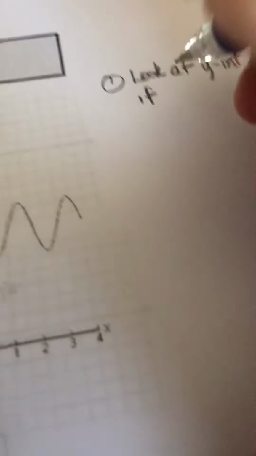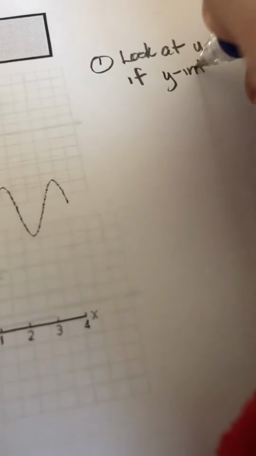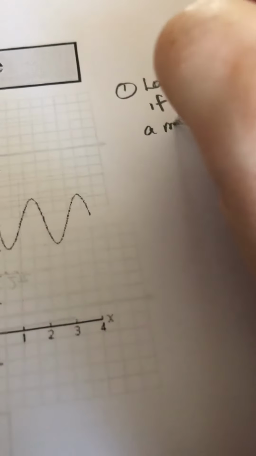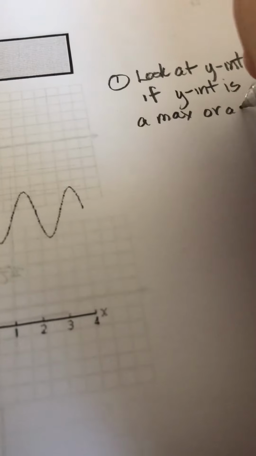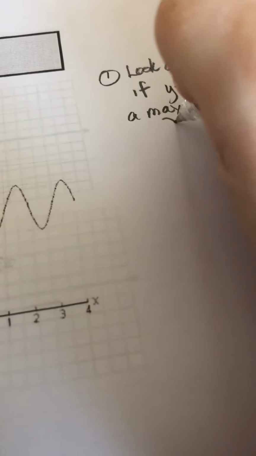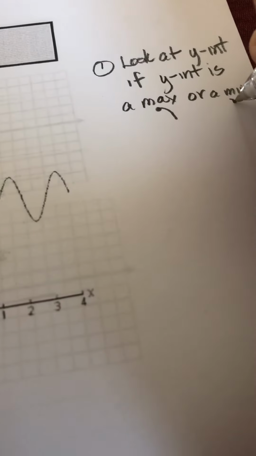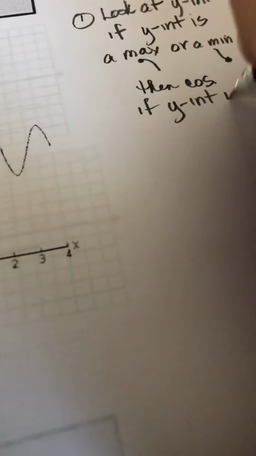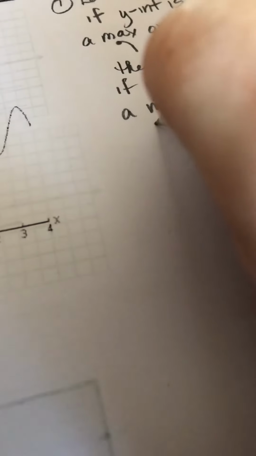If the y-intercept is a maximum point on the graph or a minimum point on the graph, if it's at its high point or low point, then it's cosine. If the y-intercept is a middle point, then it's sine.